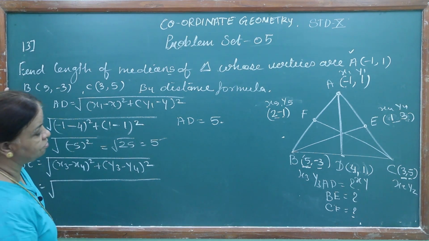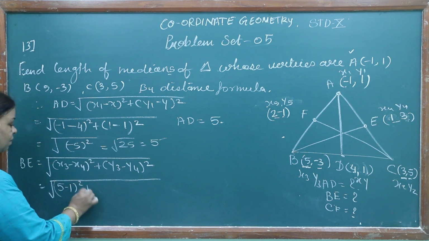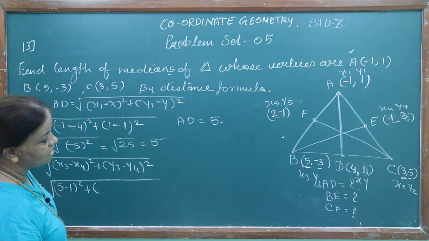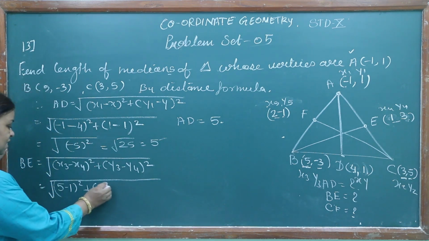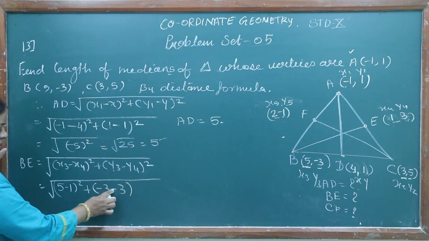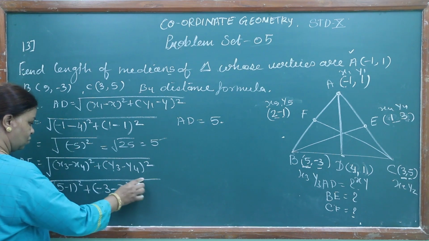x3 is 5 minus 1 the whole square plus y3 is minus 3 and y4 is how much? 3, so minus 3 minus 3, the whole square.